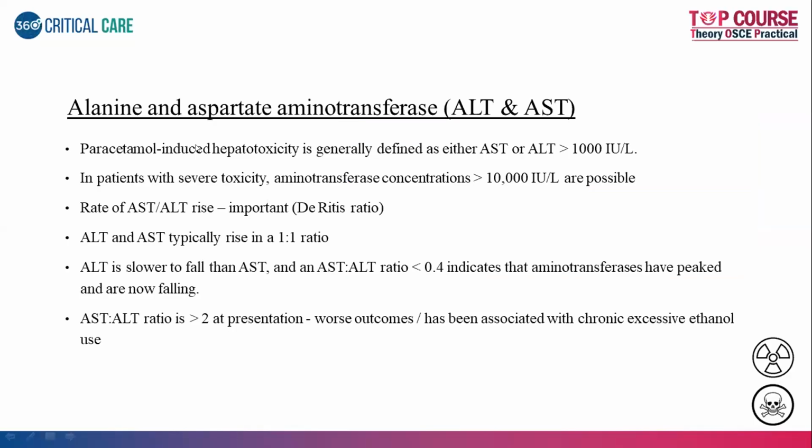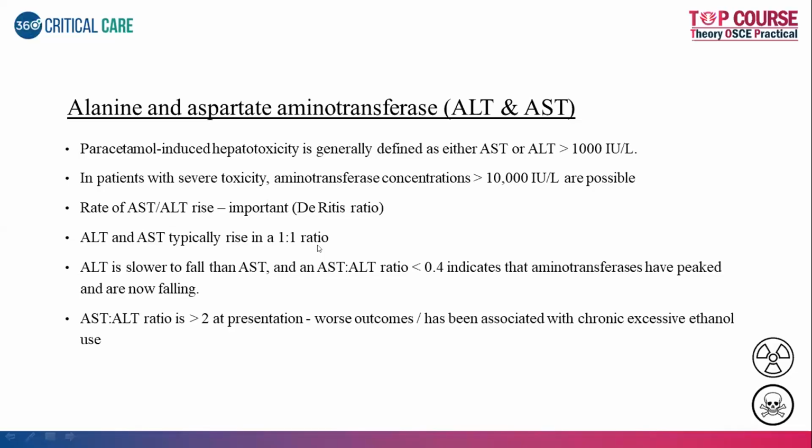Paracetamol-induced hepatotoxicity is generally defined as either AST or ALT elevations of more than 1000 international units per liter. In severe toxicity, the concentration may even be elevated to more than 10,000. And most important is your AST to ALT ratio, which is known as the De Ritis ratio. Normally, both rise in a 1:1 ratio.